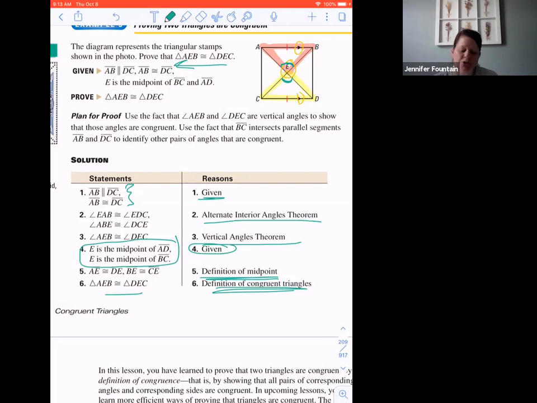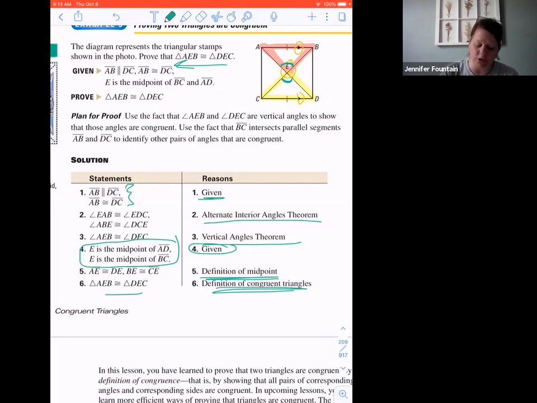Again, understanding the relationships to me is more important right now than getting bogged down on these proofs. I want you to be able to see that AB is parallel to DC. I want you to be able to see that because those are parallel, they are also congruent.